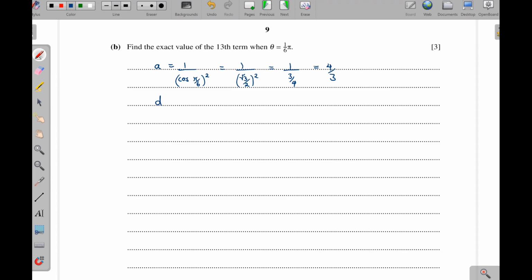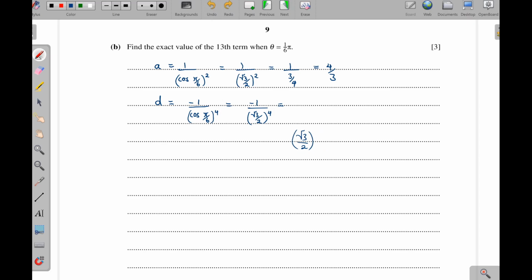And then our common difference is negative 1 out of cos power 4. So we shall have pi over 6, then power 4. This is the same as negative 1 out of, again, root 3 over 2, then to the power of 4. So this one is the same as root 3 over 2 squared, and then squared again, for this one to give you power 4.